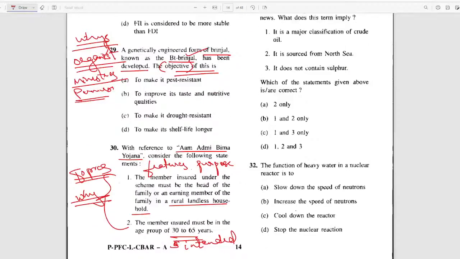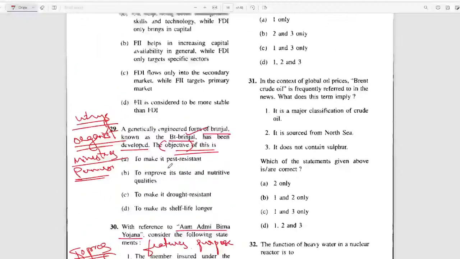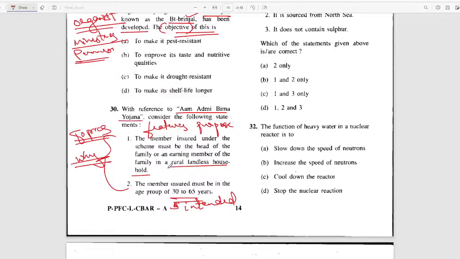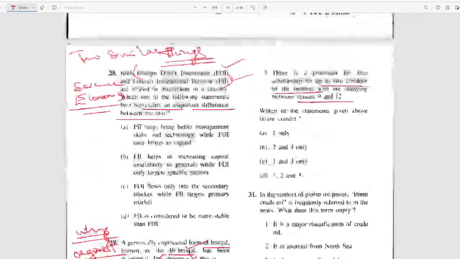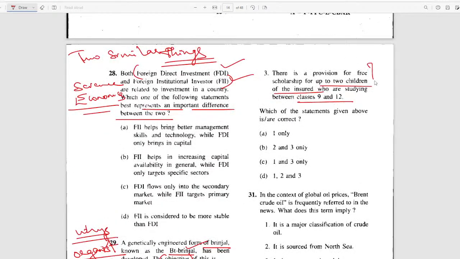I'm not teaching you how to eliminate or solve the questions. I'm just trying to tell you how to go about reading the topics. You have to go through the basics, the schemes. Whenever you're going through any scheme, find the features, the purpose, the intended audience, and the benefits, what the scheme is giving and to whom.